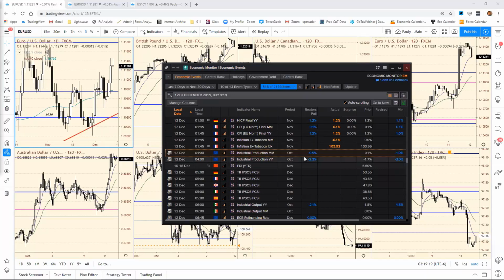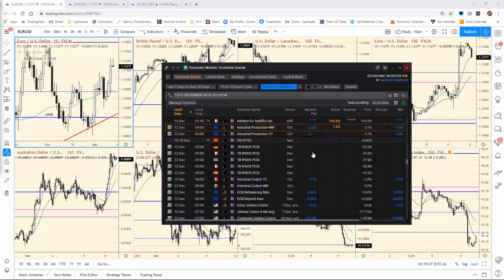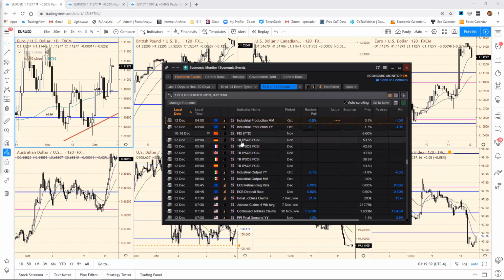Going into the data today, we did have a French CPI that came in just as expected. And at the top of this next hour, we do have Eurozone industrial production, which the Reuters poll has coming in at a negative 0.5%. We also have some German data coming in at 6 a.m. Eastern.